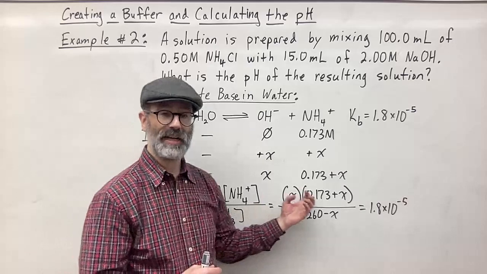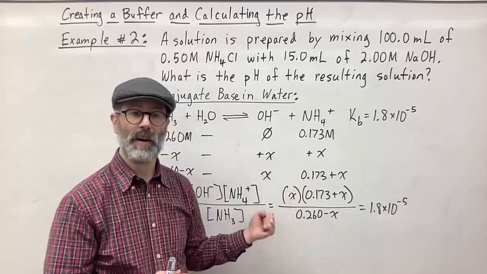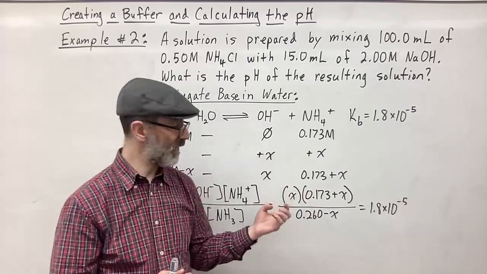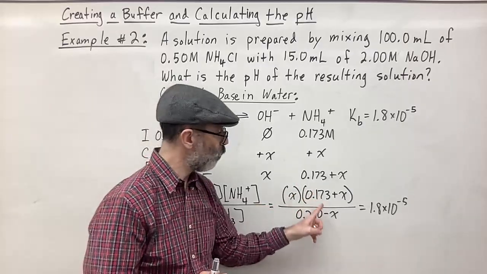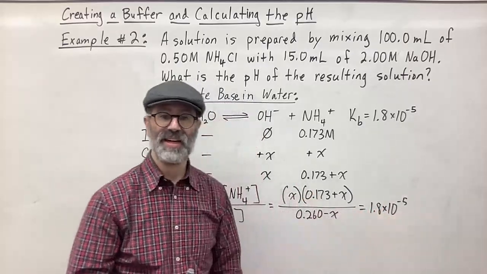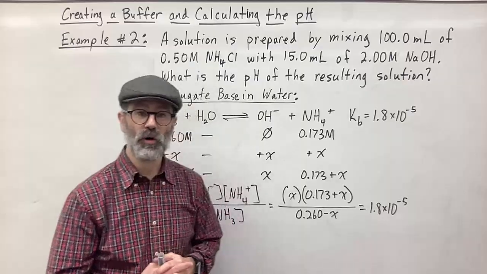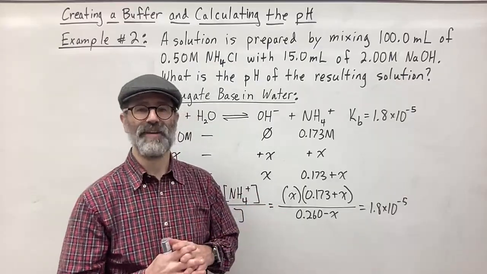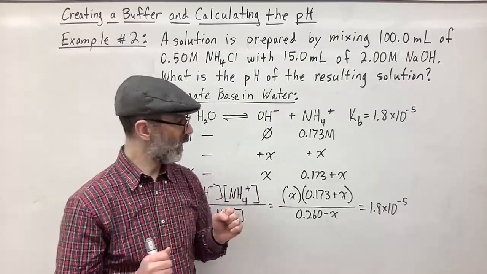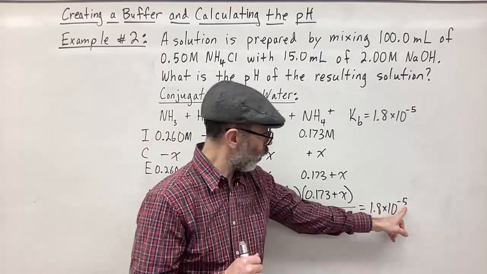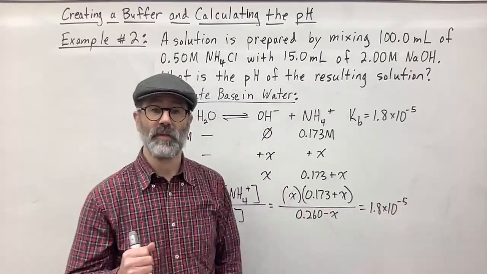If we look at the exponents of the power of base 10, the negative 1 compared to the negative 5, that's a factor of 10,000 difference. 10 to the 4 is 10,000.